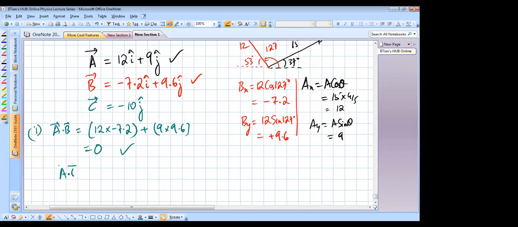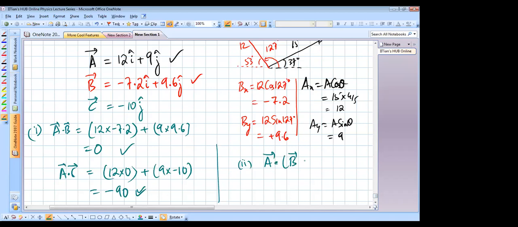And A dot C will be 12 into 0 plus 9 into minus 10. So that is minus 90. That's also what we got earlier. Okay. And A dot B plus C, you can do by the same method only. You can just open this.